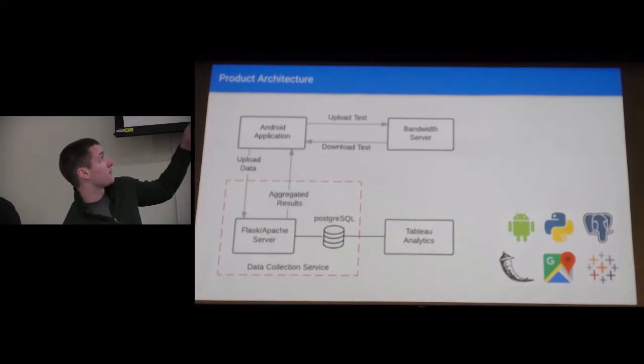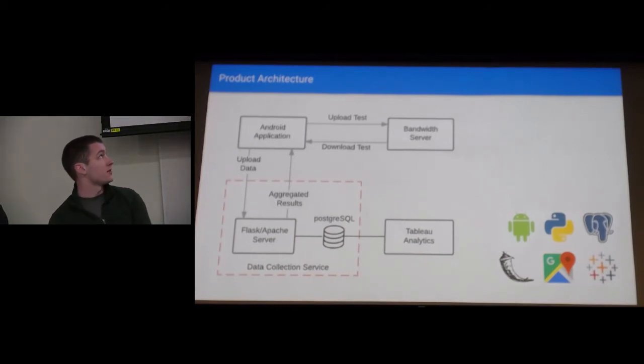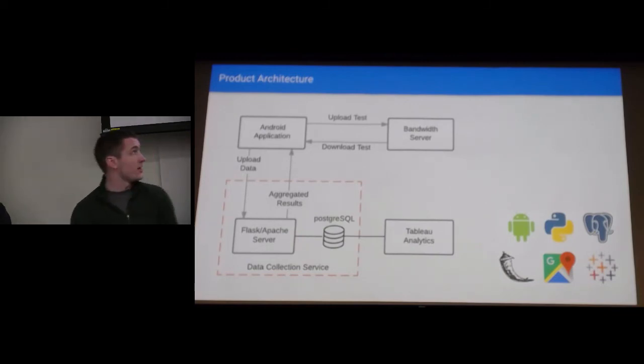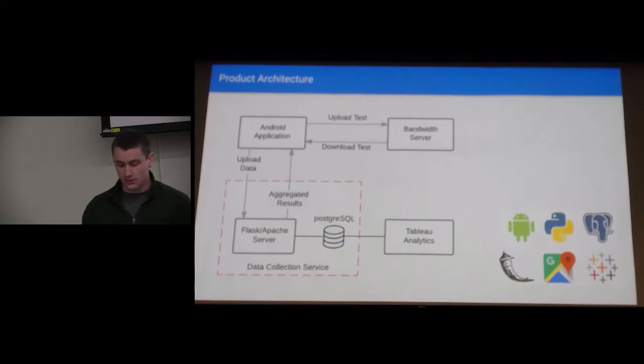Then there's a Flask server, which provides an API for the Android application to upload the data it's collecting into the database, and also serves the aggregated results for the heat map and whatnot. Off the end of the database, there are several different tools that could be used to analyze the data, like R and whatever different analytics you want to use. But one big program that our researchers have been using is Tableau, which helps analyze and visualize the data that's collected.